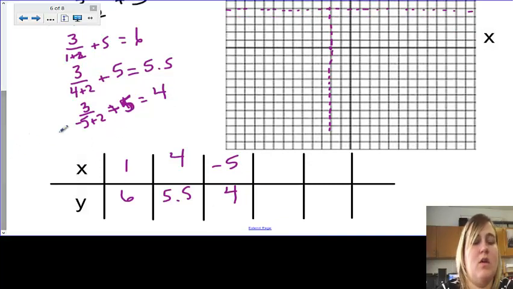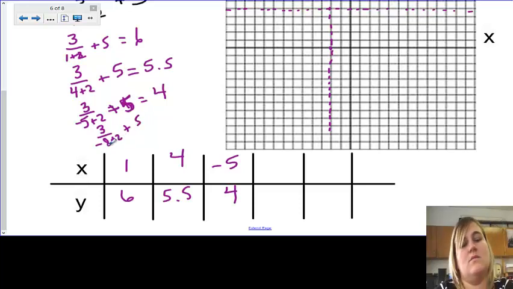If I go 3 over, and we'll instead change that to -8 plus 2 plus 5. So this gives me -6, so it's a -1/2 plus 5 is going to give me 4.5. So I put in -8, and I got 4.5.